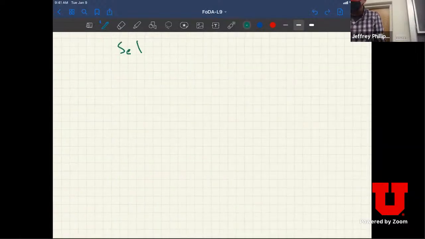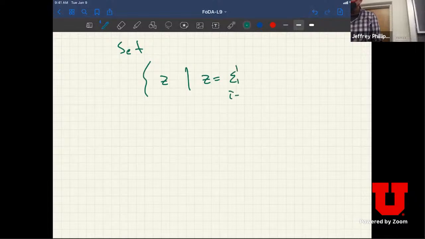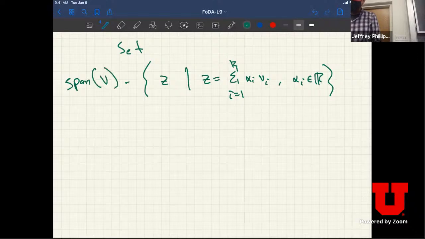I can say the set, let's write the set of vectors z such that z equals the sum over k of alpha i vi for any alpha i in R, right? These alpha i's are in R. Okay, this is called the span of these vectors v. So the span of the vectors v.